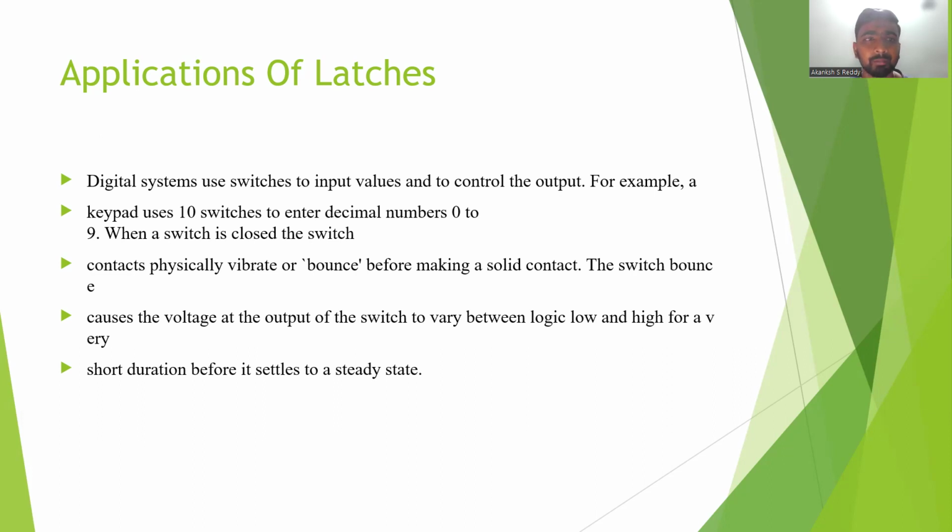For example, a keypad uses 10 switches to enter decimal numbers 0 to 9. When a switch is closed, the switch contacts physically vibrate or bounce before making solid contact. The switch bounce causes the voltage at the input of the switch to vary between logic low and high for a short duration before it settles to a steady state.